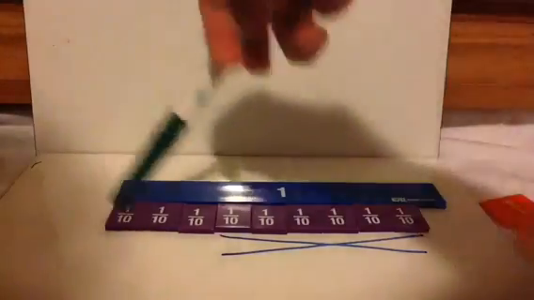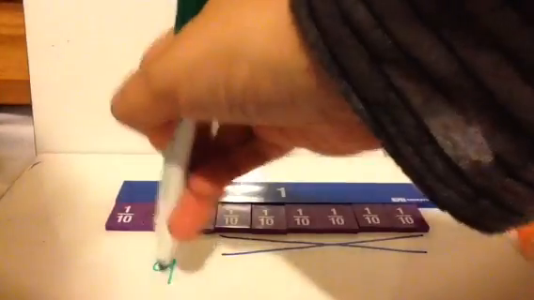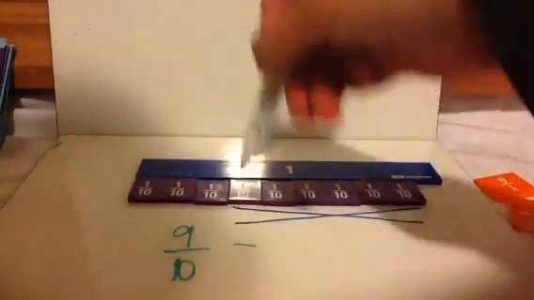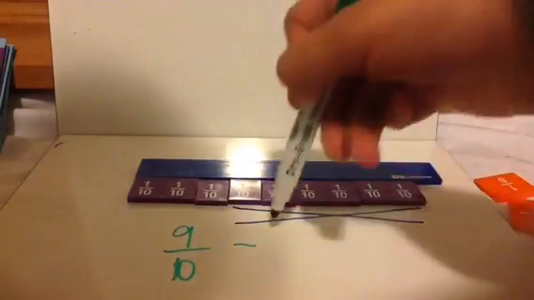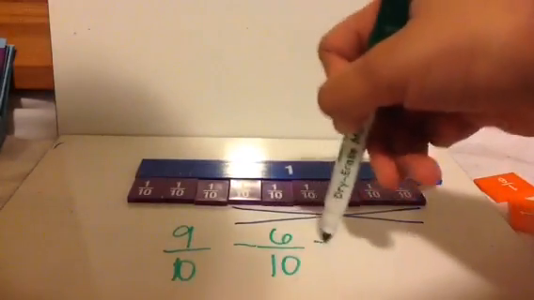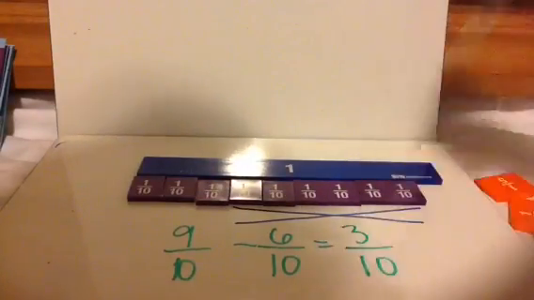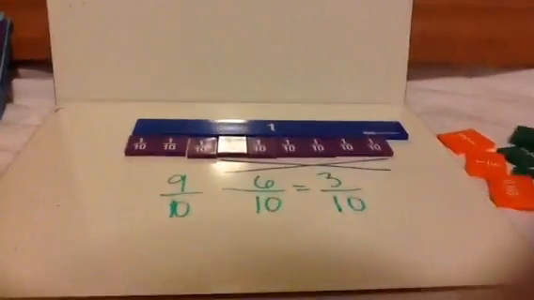Okay, so as you can see, my total to start off with is 9/10. And then I'm taking away 1, 2, 3, 4, 5, 6/10. That's going to leave me with 1, 2, 3/10. Okay, and now as for another visual, you could do a circle, and you can cut that into fifths.